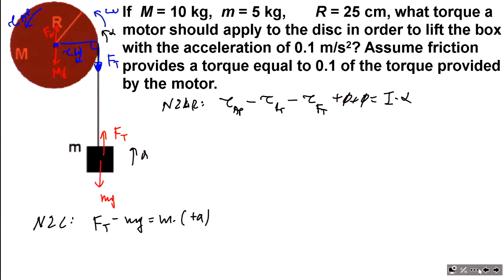And as we know, because the string has no mass, the tension acting on the weight and the tension acting on the wheel or disk have the same magnitudes.